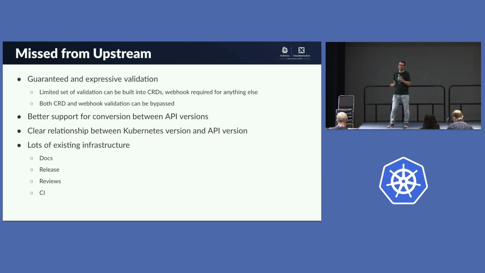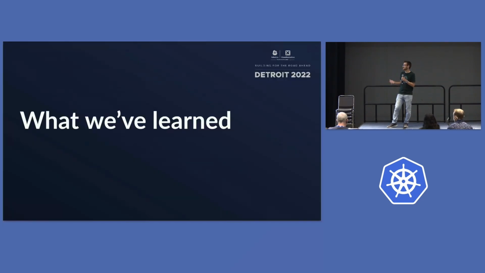And then I just miss the wonderful existing infrastructure we had in upstream Kubernetes already. But with that, there's some things we've learned along the way that I think may be helpful to anyone that's either looking at building a CRD-based API or is trying to consume a CRD-based API or just understand the design process and thought process as we're working on this.